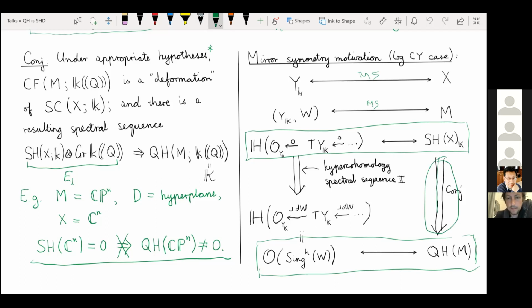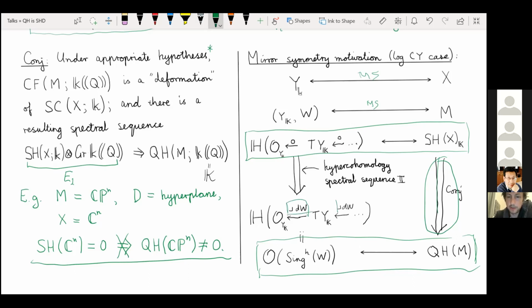And on the other hand, that fits in with the hypercohomology spectral sequence. So there are two of those, and it's the one that's usually labeled Roman capital 2, which has E1 page this tangential cohomology of Y, and converges to the hypercohomology of this complex, which has all the same sheaves in it, but the differentials get replaced by, instead of 0, contraction with dw.